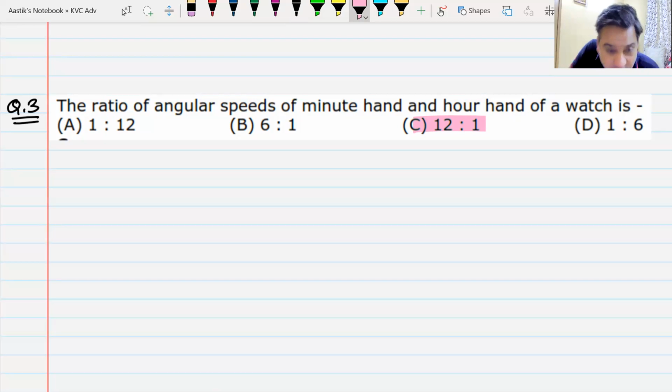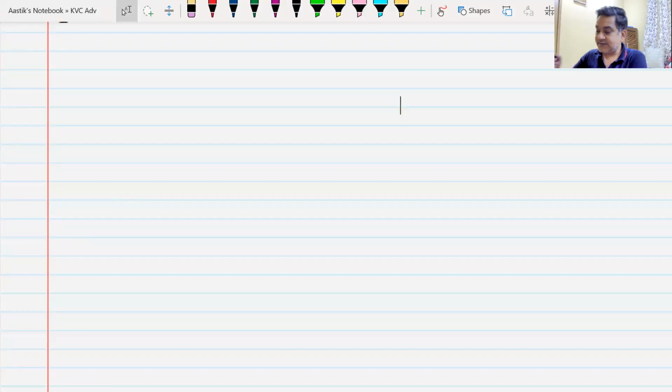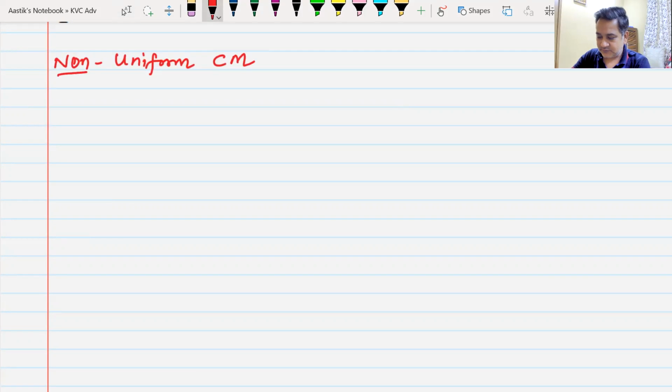Now, we move on to the next heading. And what is the next heading? Non-uniform circular motion. When do we say circular motion is non-uniform?